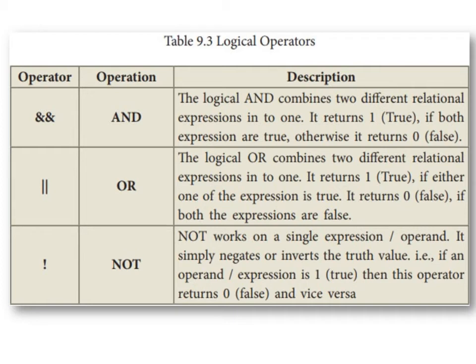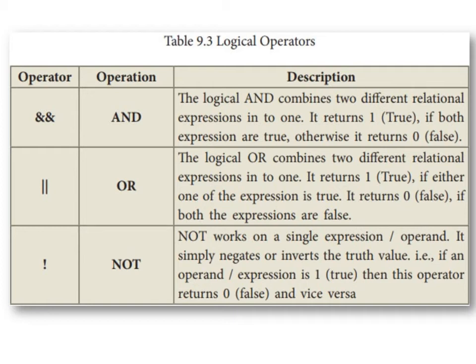In NOT's case, it works only on a single expression or single operand. It simply negates or inverts the true value. For example, not 1. Not 1 is the same as not true, right? That means the result will be what? False. That's what the logical not does.